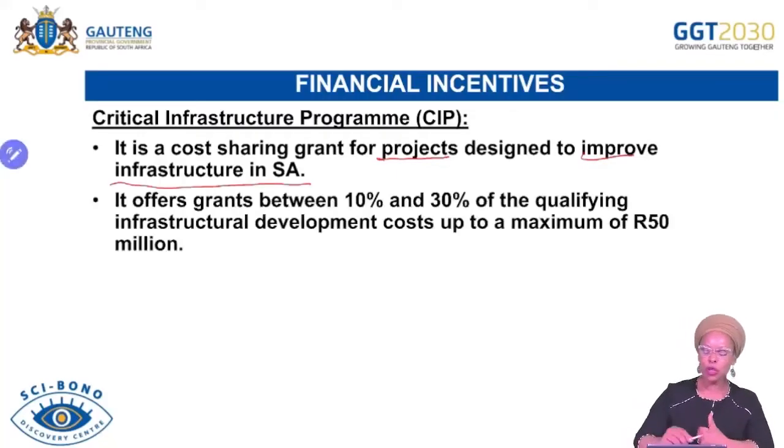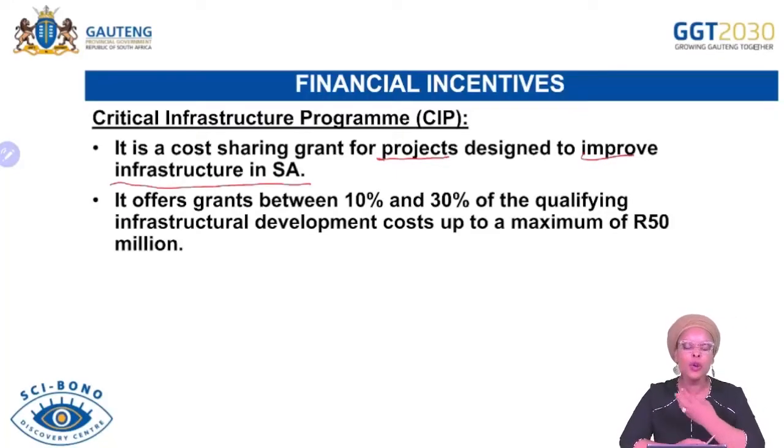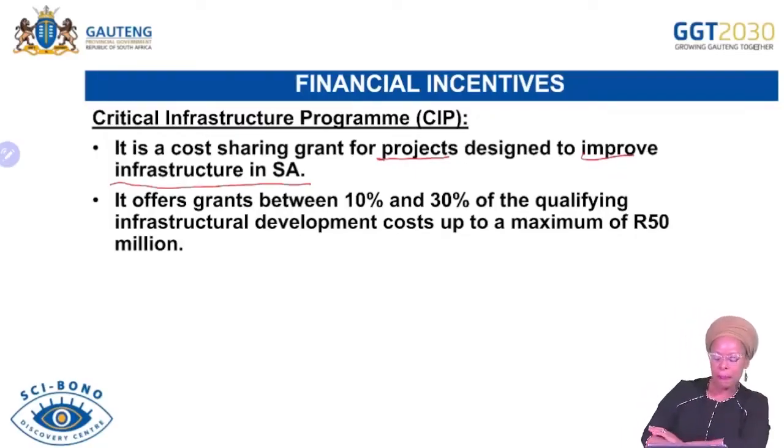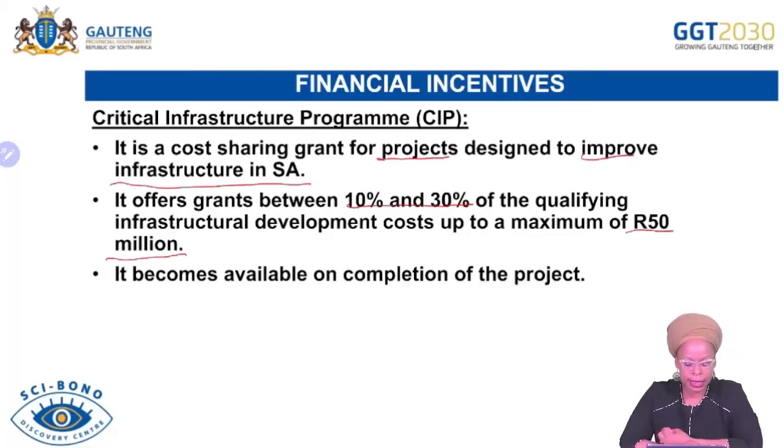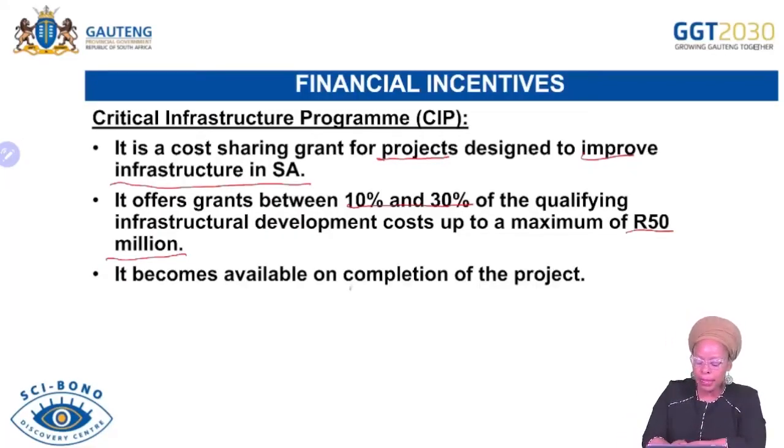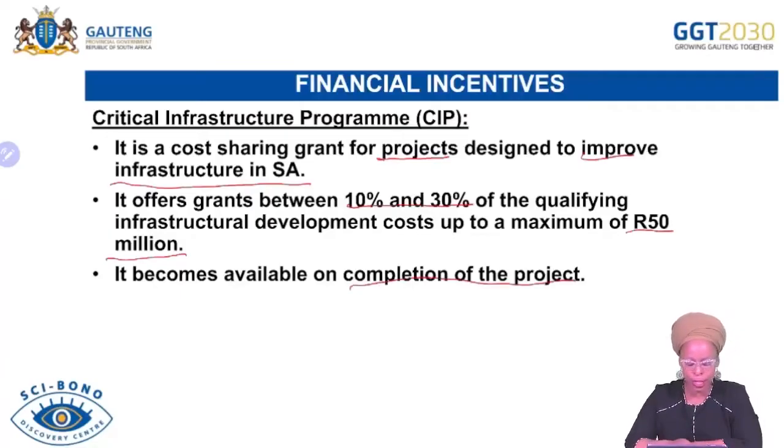But you won't receive this allowance immediately. You have to continue with the project, and at the end of the project, that is when the grant can be offered. It offers between 10% and 30% of the qualifying infrastructure, but there is a maximum of 50 million. You don't have to exceed that. Like I've mentioned, it becomes available on completion of the particular project.